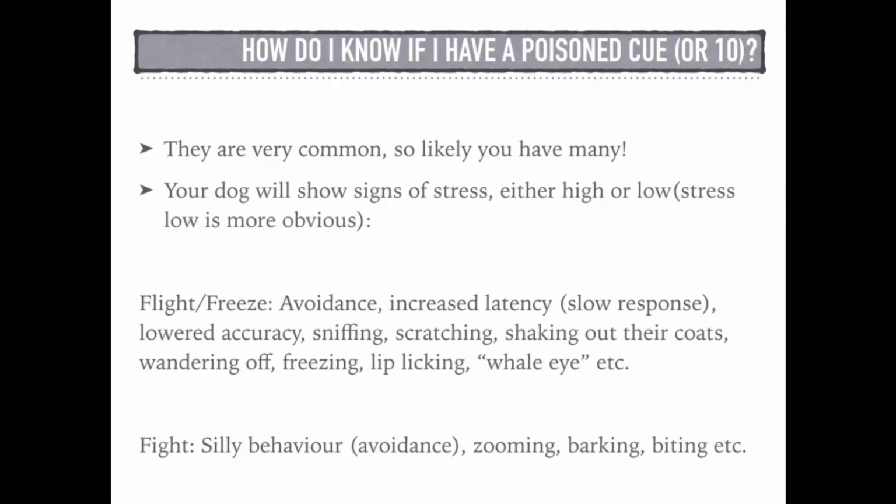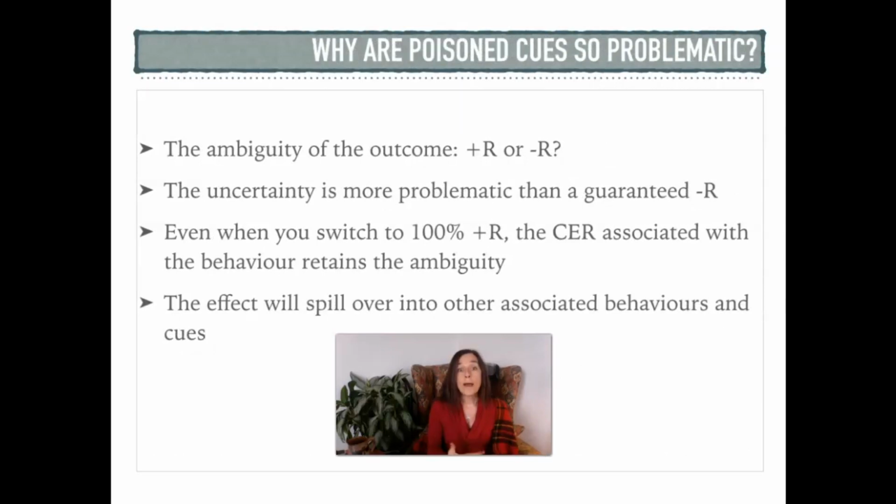And again, why are poison cues so problematic? The main reason, compared to, for example, just strictly using an aversive, is this. If you're using an aversive, not that I recommend that you do, the dog knows it's coming.